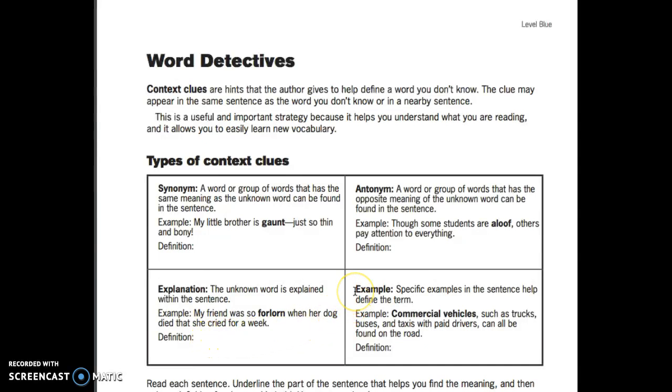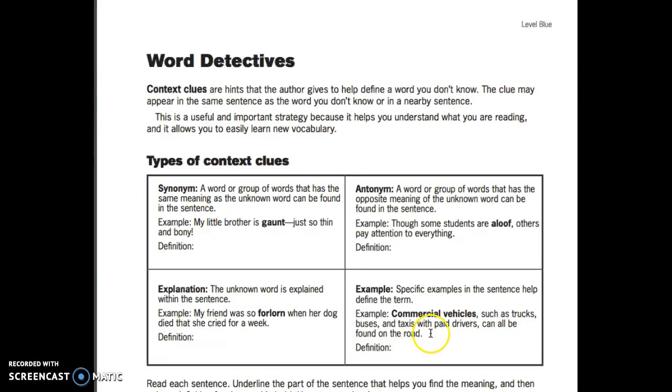Another type of context clue is example. Specific examples in the sentence help define the term. Here's an example in a sentence. Commercial vehicles such as trucks, buses, and taxis with paid drivers can all be found on the road.